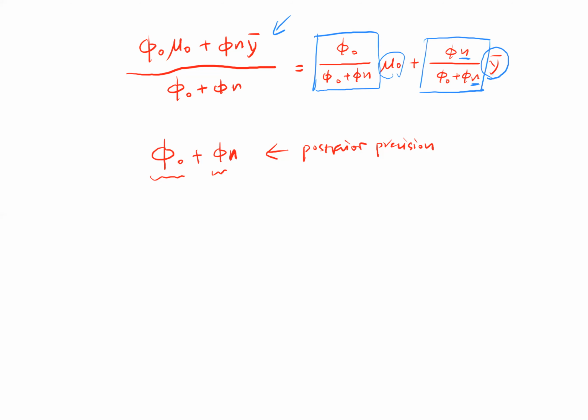Okay? So the implication here is that, remember, precision is 1 over the variance, right? So what this tells us is that the posterior precision is bigger than the prior precision, right? It is also bigger than the data precision. Okay? So if you have precision being bigger, you're having smaller variance, right?